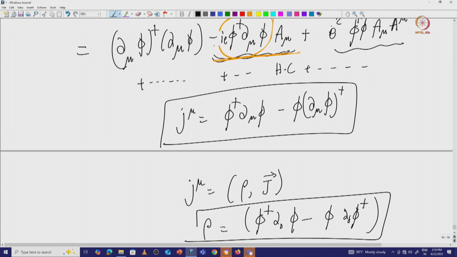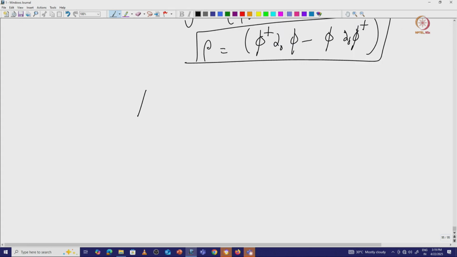So our interpretation that rho should be interpreted as the electric charge density, and J as the electric current density, stands validated, because J mu couples to A mu, which is the photon current.